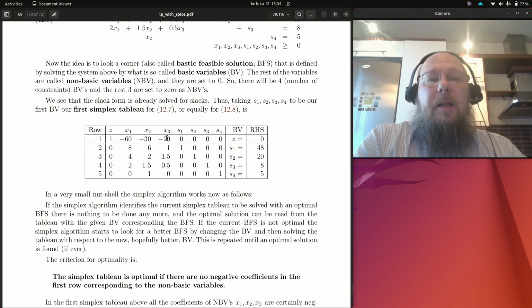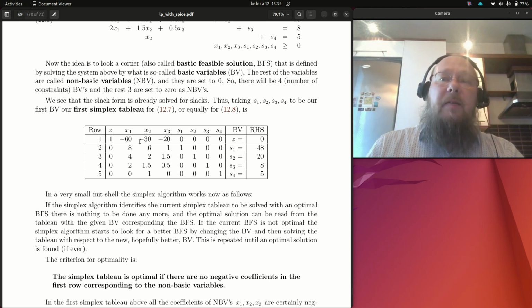It means that if I make x3 non-zero, then I have to compensate for this negative value here. So this right hand side here, the optimal value z is written here, this will increase. Whenever I have negative numbers here for non-basic variables, it makes sense to make them basic variables, because in order to compensate this equality, I have to increase the right hand side here.